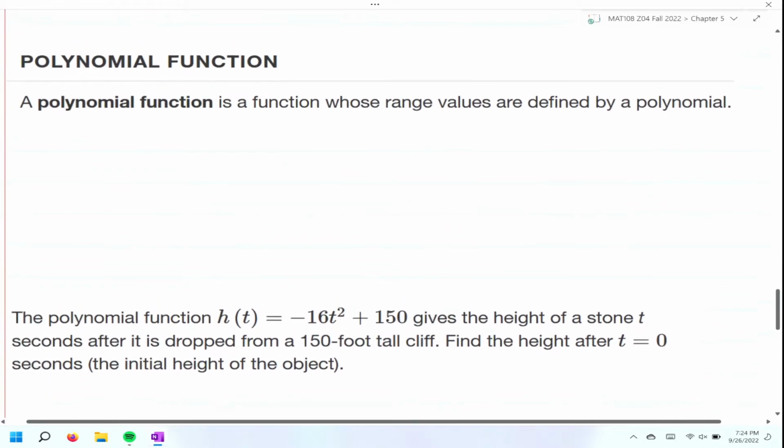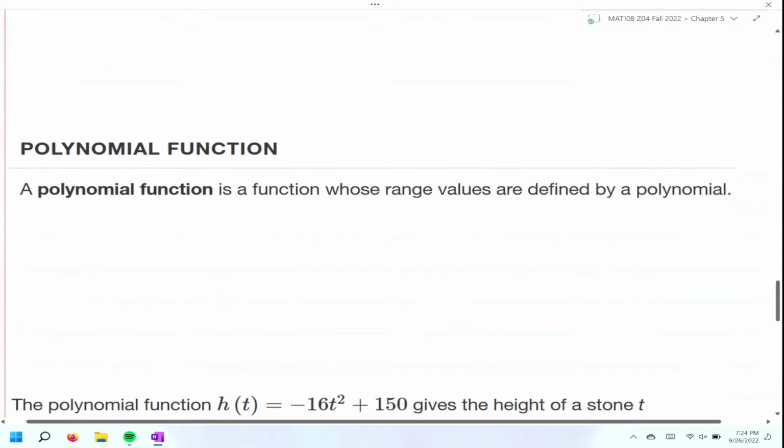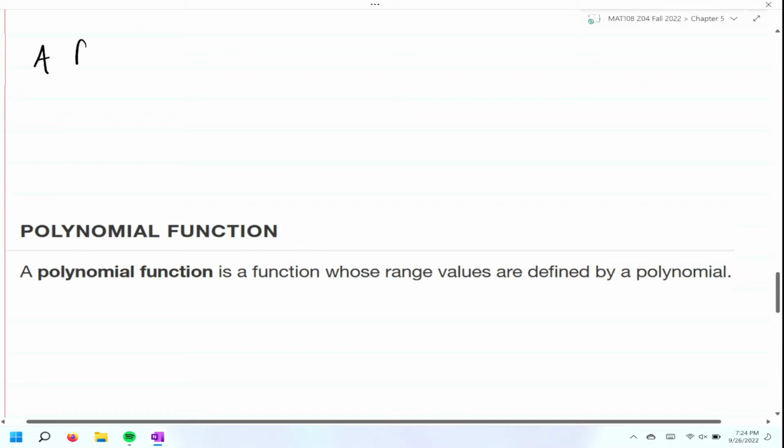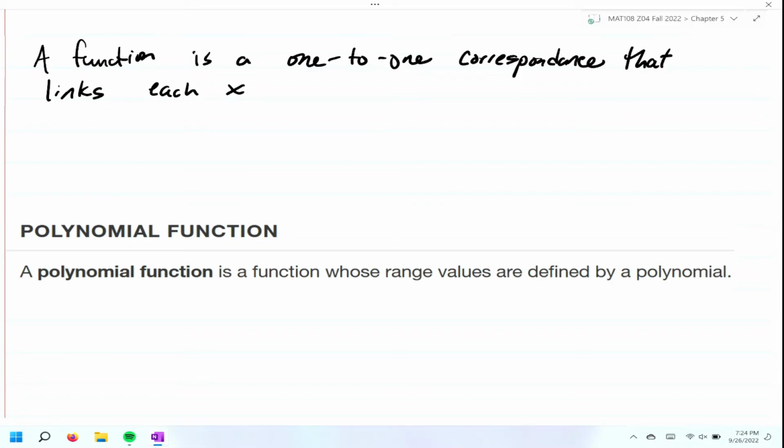So now what I want us to do is look at a polynomial function. Now, if you remember, a function in general, and I'll write it above here, a function is a one-to-one correspondence that links each x value with exactly one y value.